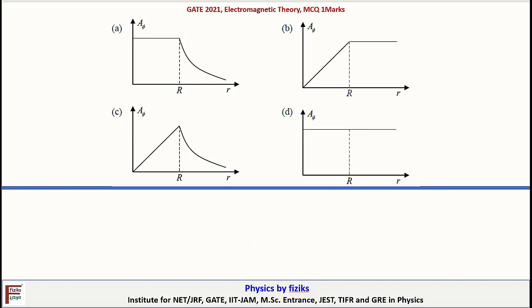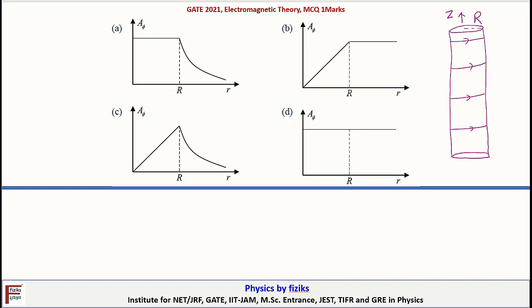So let us consider a long solenoid. Let's assume it's a very long solenoid having radius capital R, and also assume the current is in the phi cap direction. We have some current and assume this as the Z direction.